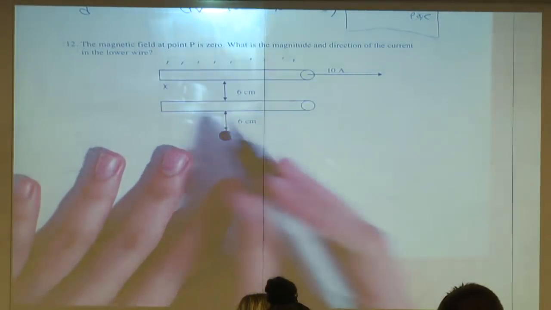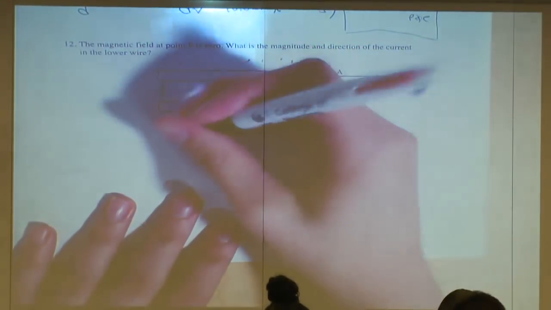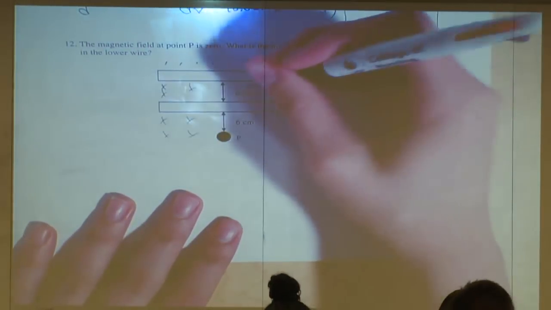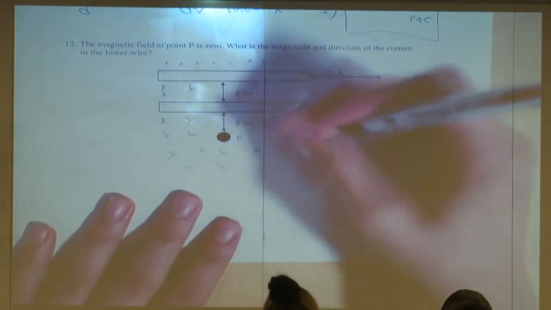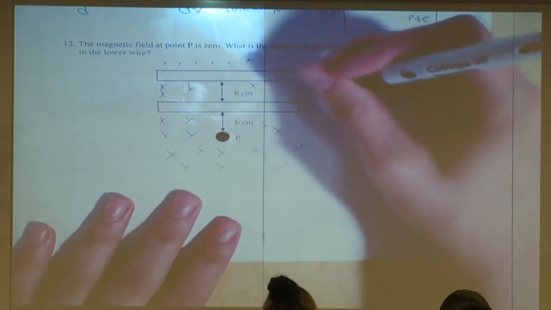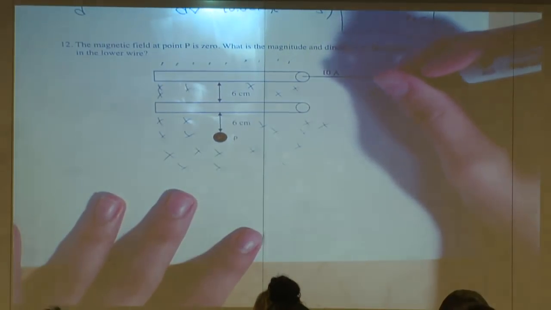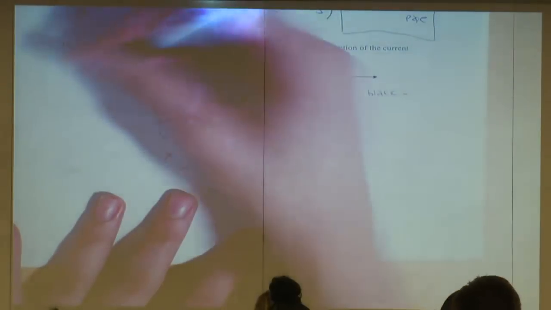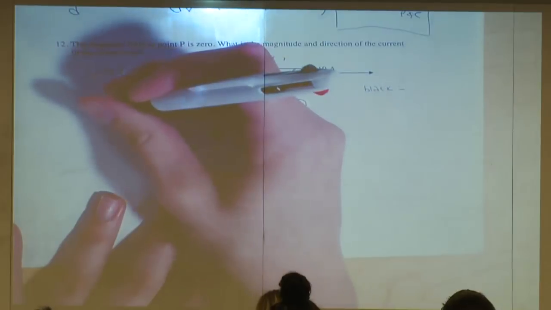This wire here is going to feel that inward magnetic field. So I'm going to draw it all the way down here. Even point P is going to be feeling that. I'll make a key, so black equals, and we'll label the one on top wire 1, and the one on the bottom wire 2.